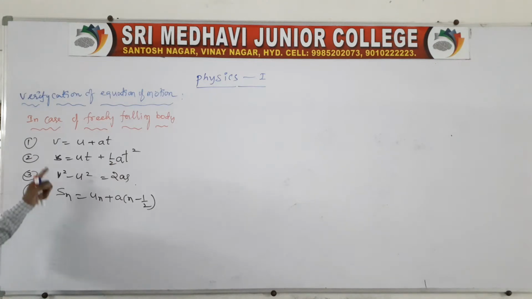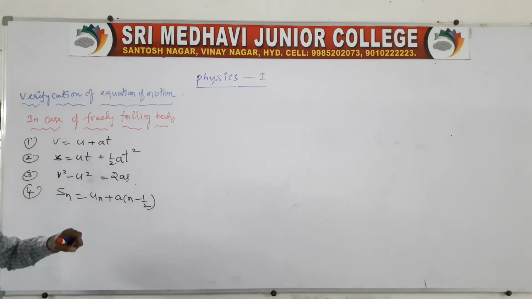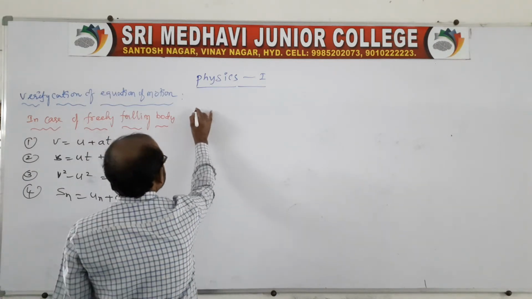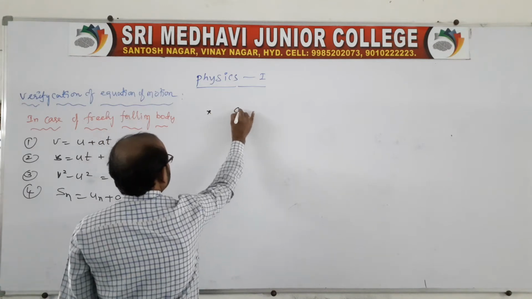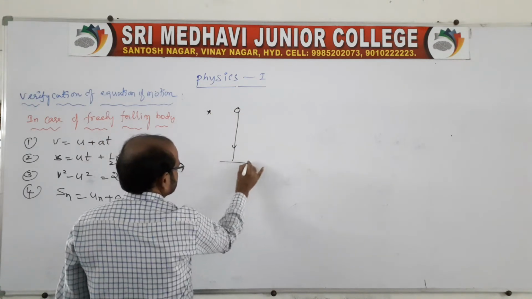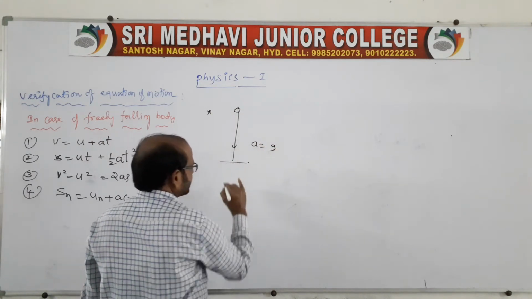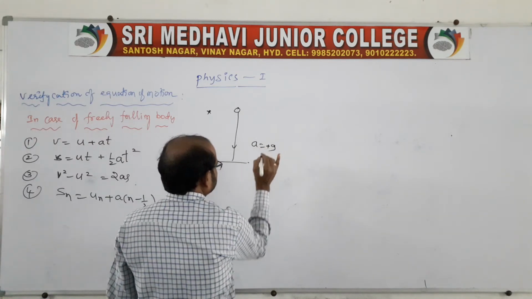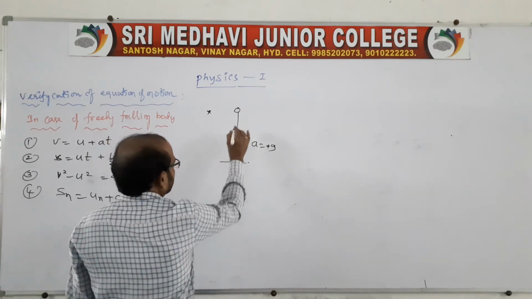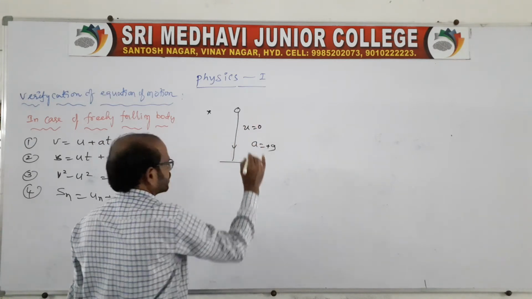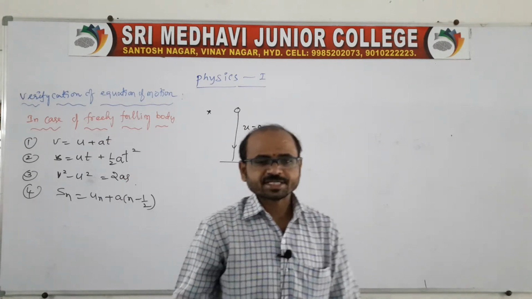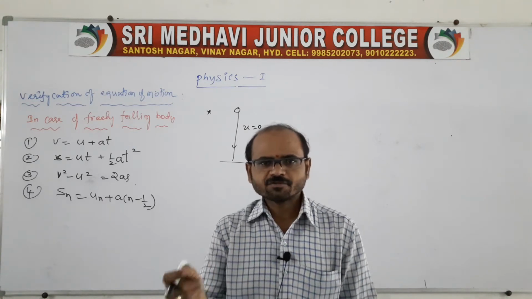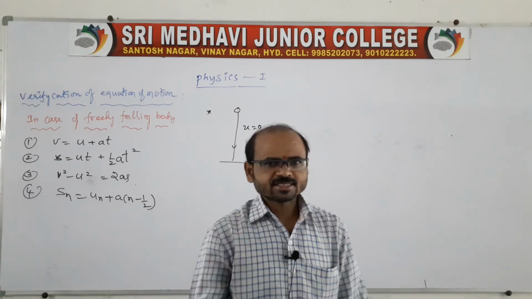Now we have to verify what will happen to the equations of motion when a body is falling freely. Remember, in case of a freely falling body, falling under gravity, we can take A is equal to plus G because it is falling under gravity. And for freely falling bodies, we can take U is equal to 0, the initial velocity is 0.